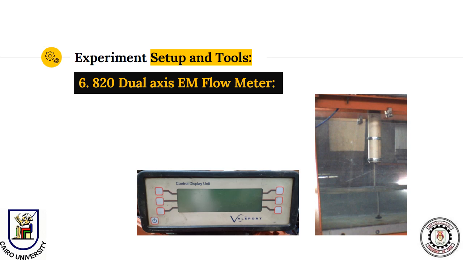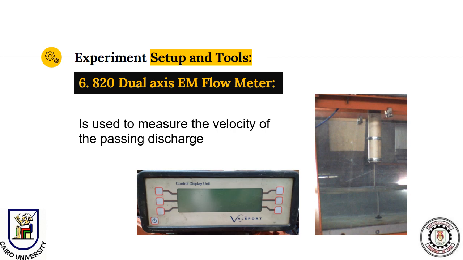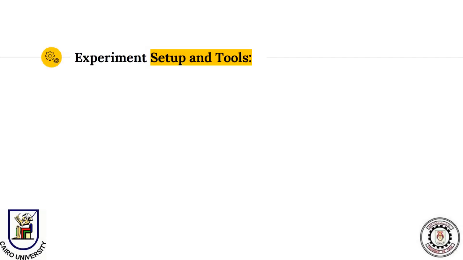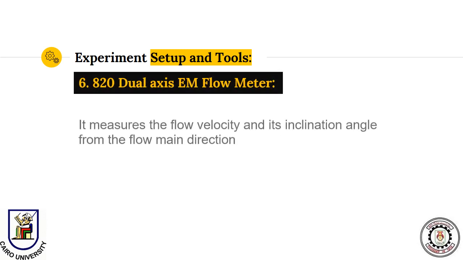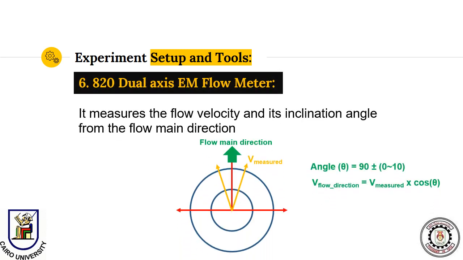6. Electromagnetic flow meter is used to measure the velocity of the passing discharge. It measures the flow velocity and its inclination angle from the flow main direction. Thus, the velocity component in the direction of the flow should be calculated as shown.